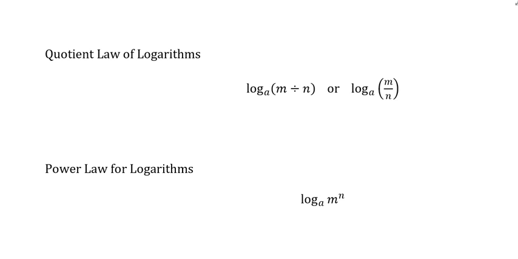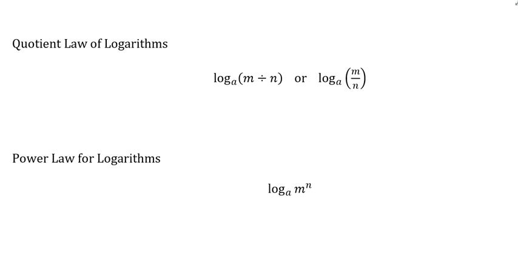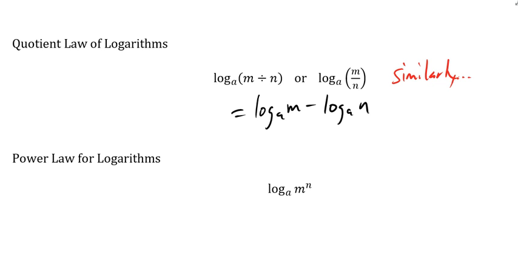Okay. I don't have quite as much space to prove the quotient law, so take my word for it. It's basically the same, except you would end up subtracting. Just like power laws.